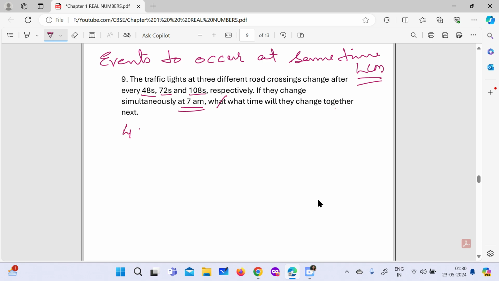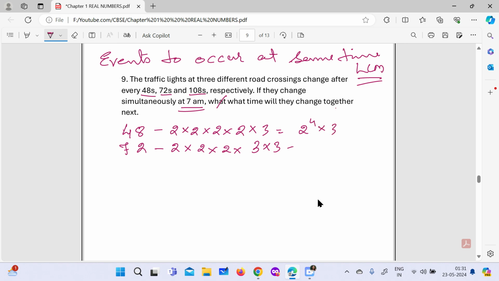So now we will find the LCM of 48, 72, and 108. Write the factors. Factors of 48 will be 2 times 2 times 2 times 2 times 3, which is 2 to the power of 4 times 3. For 72, it will be 2 times 2 times 2 times 3 times 3, which is 2 to the power of 3 times 3 squared.